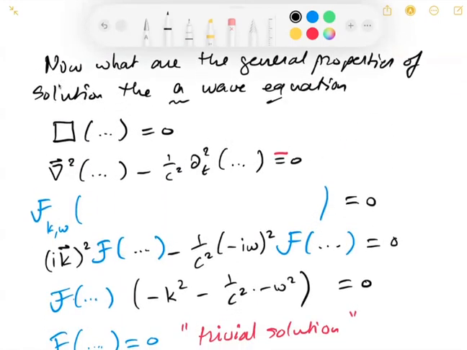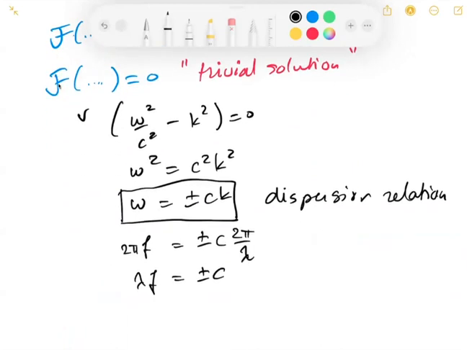So we said Laplacian squared minus 1 over c squared ∂t squared. Anything that satisfies that wave equation must have this relation between the spatial part and the temporal part, and those are related through the speed of light, c. So this holds for any kind of wave equation that satisfies this thing. So find it useful to do that.